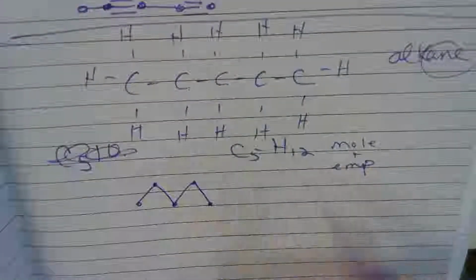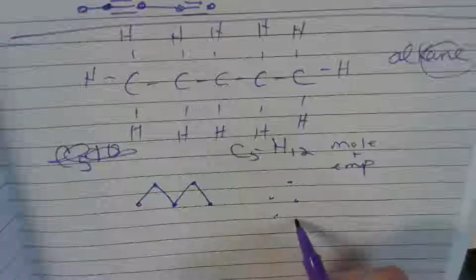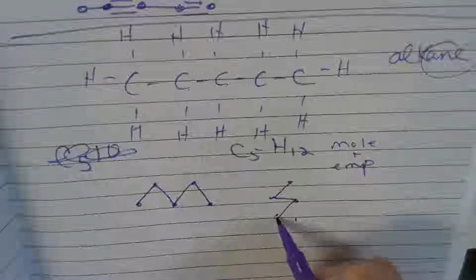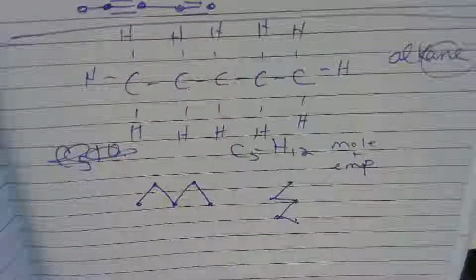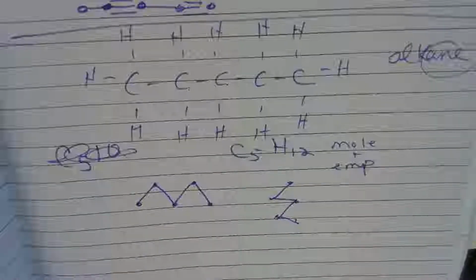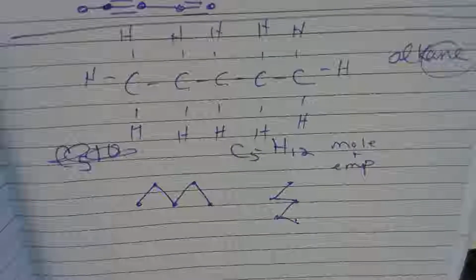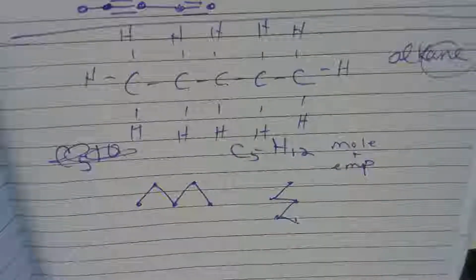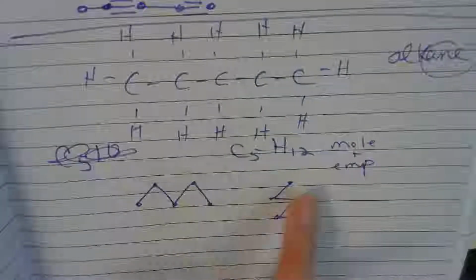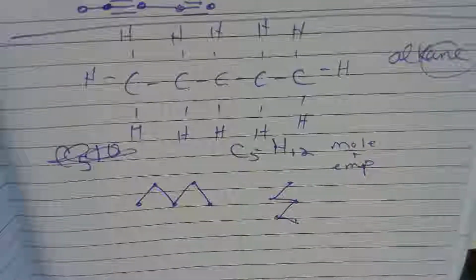Or you could even turn that upside down, or sideways. Remember, these bonds don't form straight lines, they are at an angle. Does that make sense? Yeah. Whether you do it this way or turn it upside down, it's the same thing.